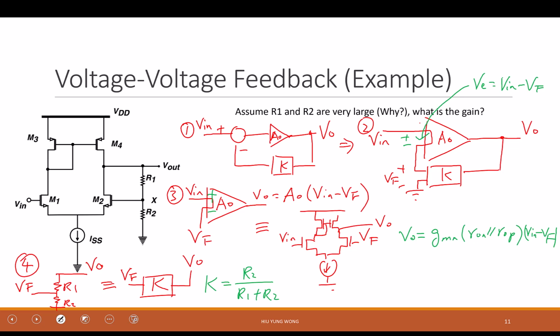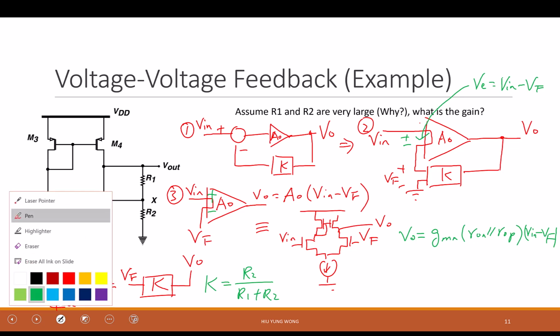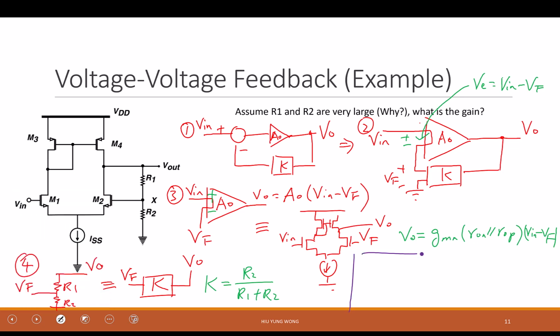Okay, so after this decomposition, I know a lot about this amplifier. First of all, what is the gain of this whole circuit? If you see this in E122, you will not attempt to solve it. 4 transistors, 2 resistors, and you completely don't know what it is.